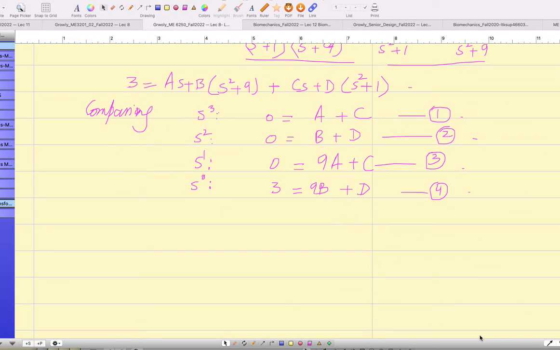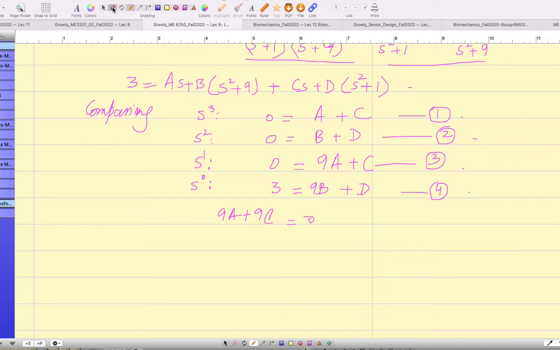Once you solve for A, B, C, D, I can manipulate something. Let's do 9A plus 9C equals 0.